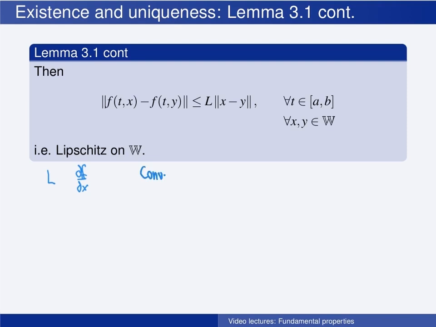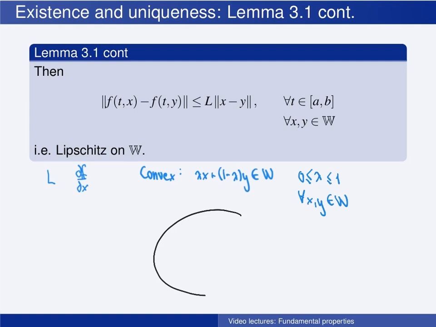We use the term convex. A set W is convex if lambda times x plus 1 minus lambda times y is in the set W, where lambda varies between 0 and 1, and this should hold for all x and y in the set W. So given a set W, this is convex if for any 2 points x and y in the set, we can draw a line segment between these points.